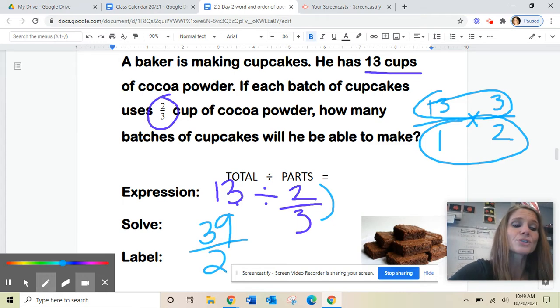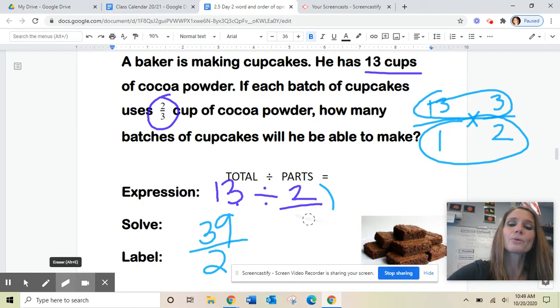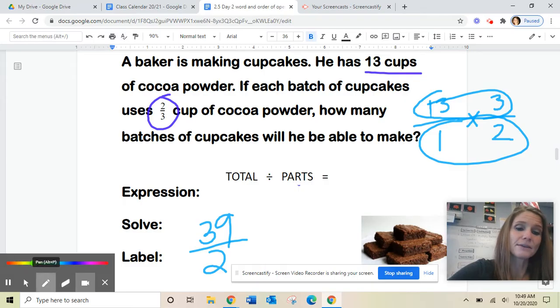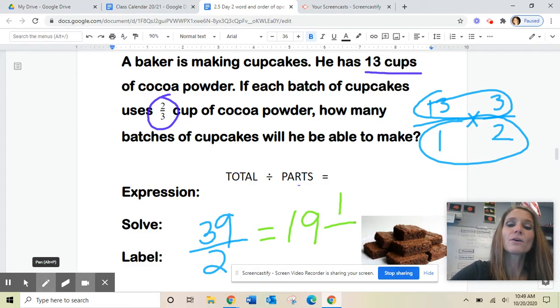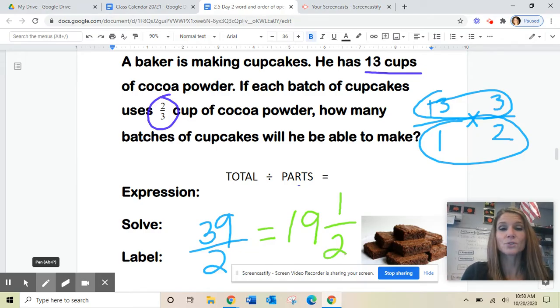So I'm going to turn this into its mixed value. 2 goes into 39 19 whole times, with 1 out of 2 extra. So the baker can make 19 full batches or 19 and a half batches before he needs to order more cocoa. So that's my example.